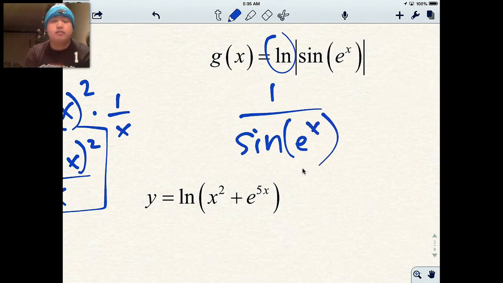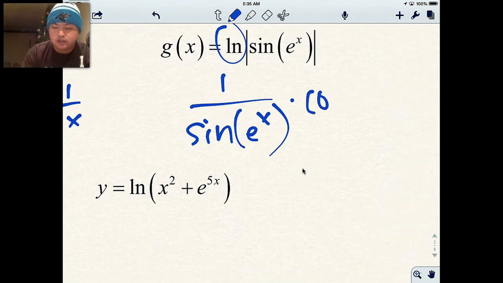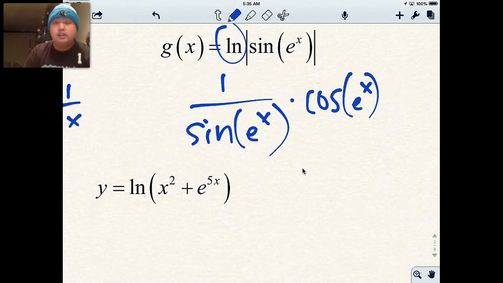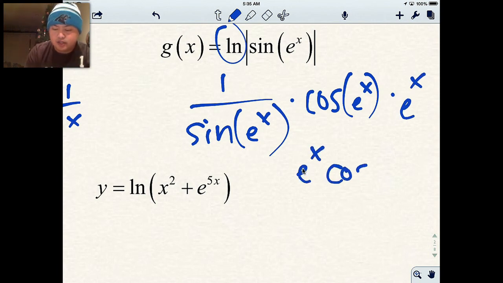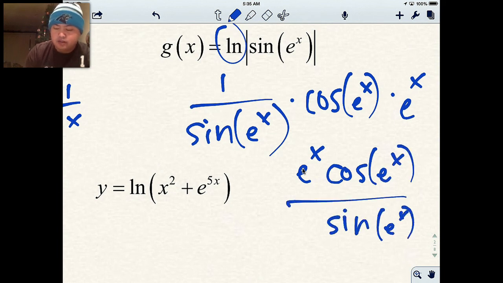Right? So the outside function first. Times the derivative of the inside function. The next inside function is sine. So the derivative of that is cosine e to the x. Leave the inside alone. And the derivative of the inside of that, e to the x, is e to the x. So if I simplify the whole thing, it becomes e to the x cosine e to the x over sine e to the x.